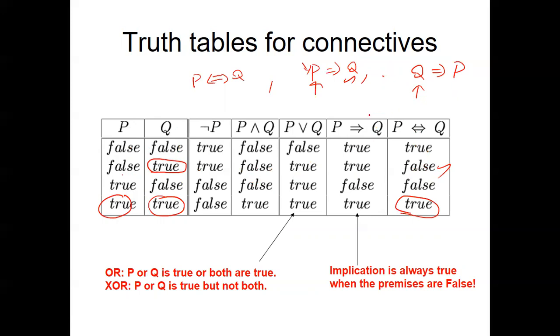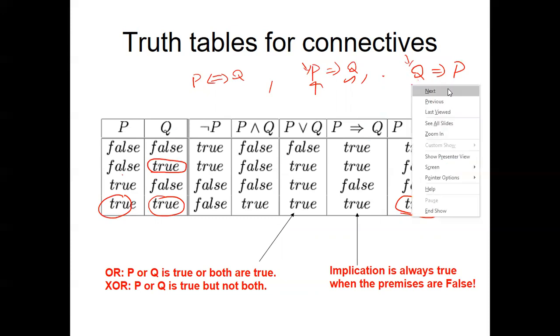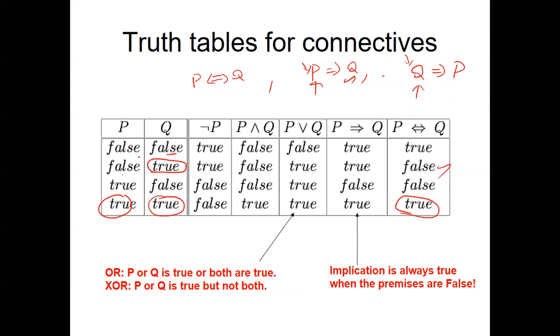Okay. And does it say anything about Q being false? So it only says that if Q is true, P should be true. Does this rule say anything about Q being false? If Q is false, P can be anything. Okay. So if Q is false, P can be anything.